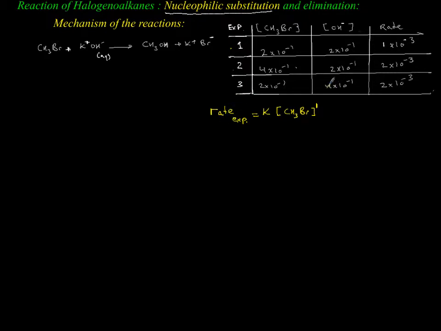Now if you compare experiment number 3 versus experiment number 1, you see once the haloalkane is constant and you double the concentration of hydroxide, the rate gets doubled as well. So this also says, look, with respect to hydroxide, the rate is also 2 power 1, or the order of reaction is 1.